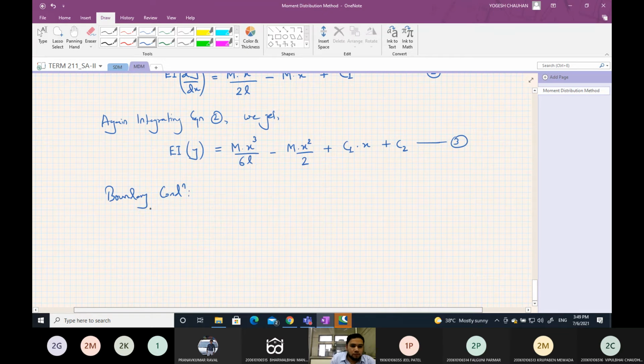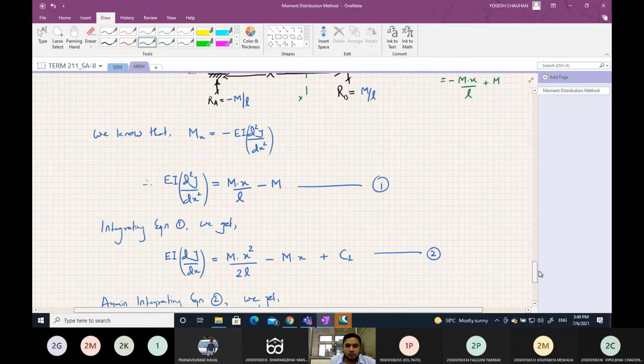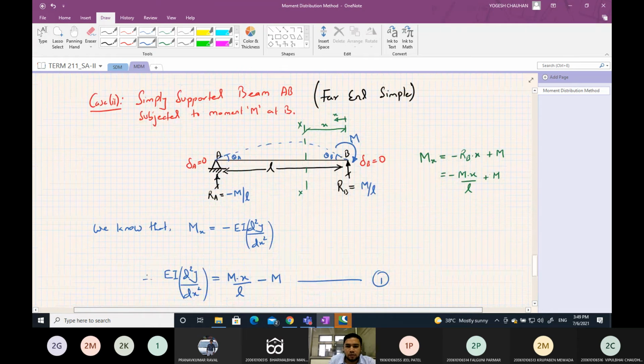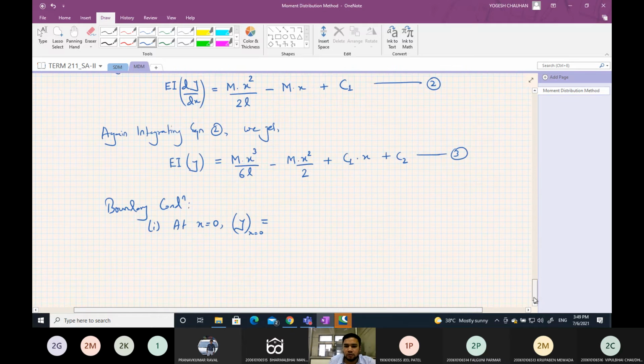So the first boundary condition will be at x equals 0. When x is equal to 0, y is the deflection. So deflection at B, that will be delta B, which is equal to 0.